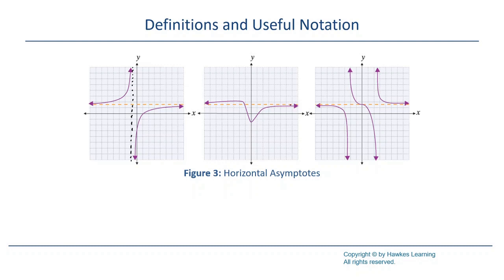Horizontal asymptotes are as you go towards positive and negative infinity with your x values, basically as they get larger or smaller, what does the end behavior look like? And this is kind of like the end behavior idea for rational functions. So you just want to keep that in mind when you're looking at it.